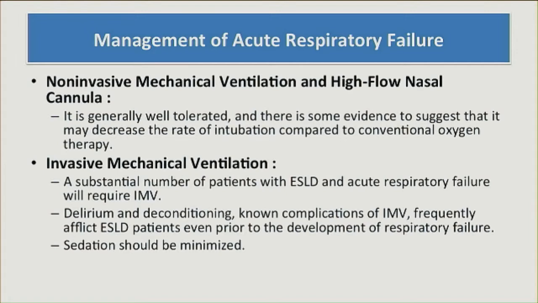Sometimes the patient's condition worsens, and we have to do the intubation, and we perform the intubation of the patient, and meanwhile we treat the cause of the lung abnormality.